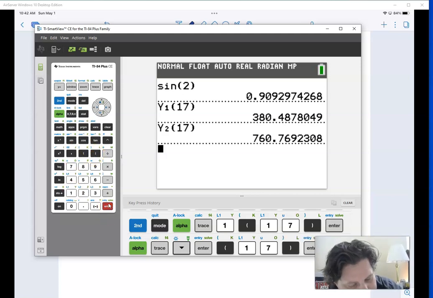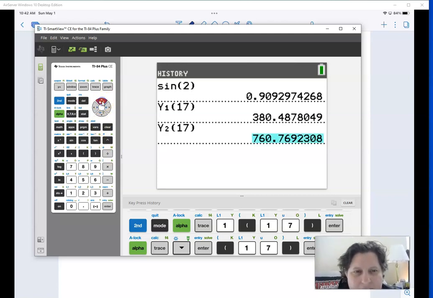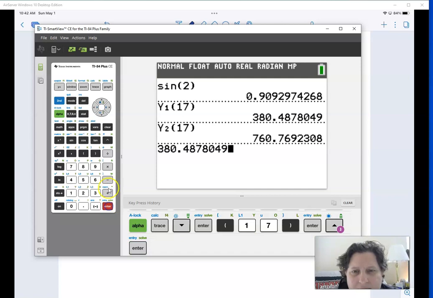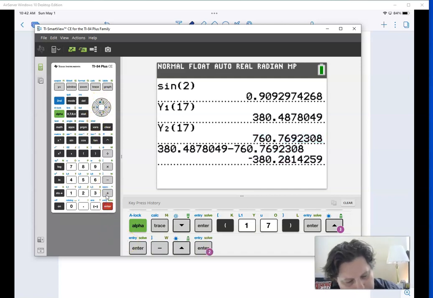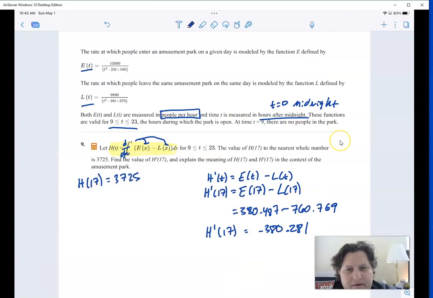That's going to be 760.769. And then I can go up here and do that minus, so I don't have to retype them all in, equals. So H prime of 17 is negative 380.281.